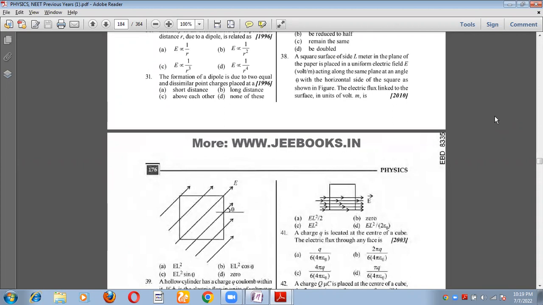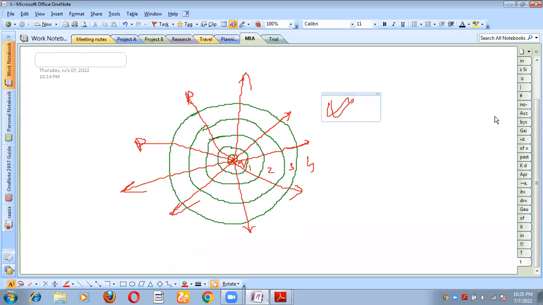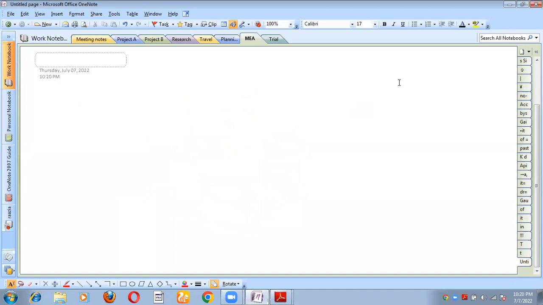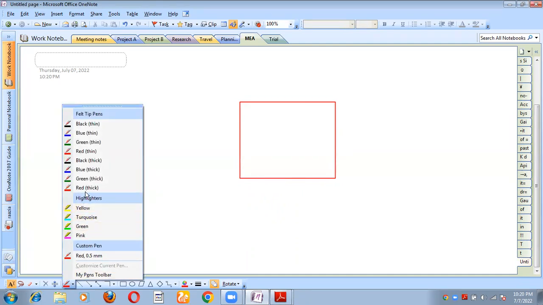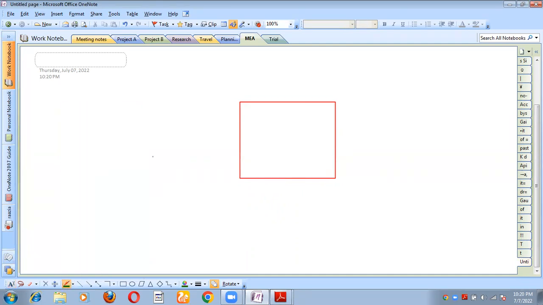So let me explain the question, what it is saying. There is a square. First I will draw a square. Let's suppose we have a square like this, and in this region there is an electric field like this.